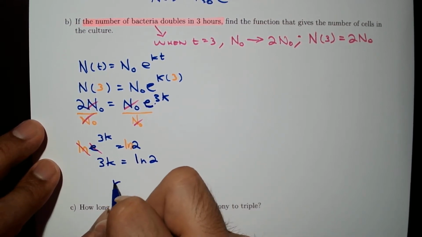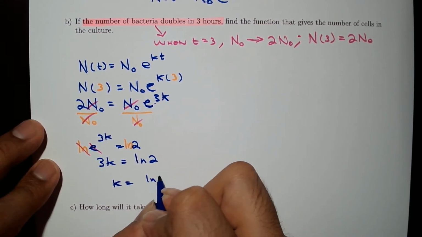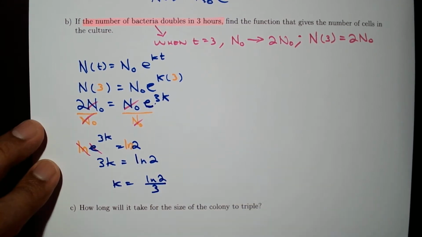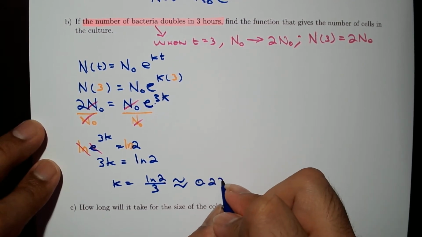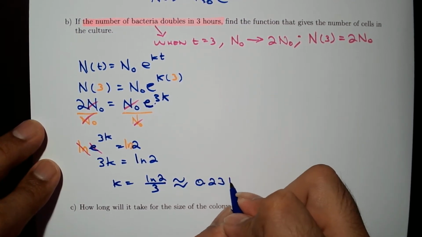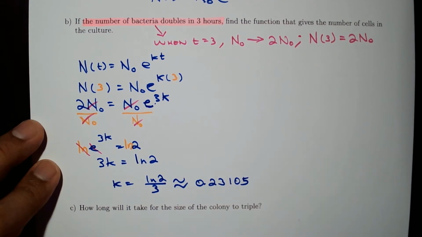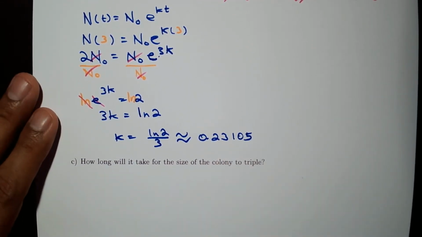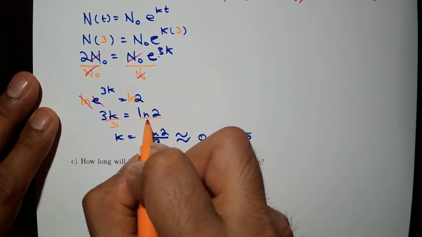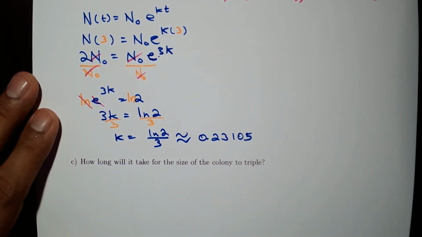And finally, k is simply ln of 2 divided by 3, which is approximately 0.23105. Well, I'm going to take a few decimals, but I'm going to cut it at the end. I'm just going to take these 5 decimals. What did we do here? Divide both sides by 3.